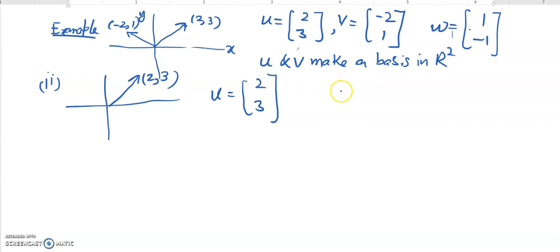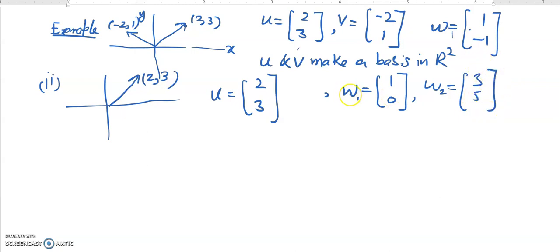Does this vector U = (2, 3) make a basis in R2? Our answer will be no, because if we take some other vector W, say maybe (1, 0), or any other, maybe (3, 5), unless the components of W are multiples of these components 2 and 3, we cannot say that this vector U makes a basis of any vector in R2.